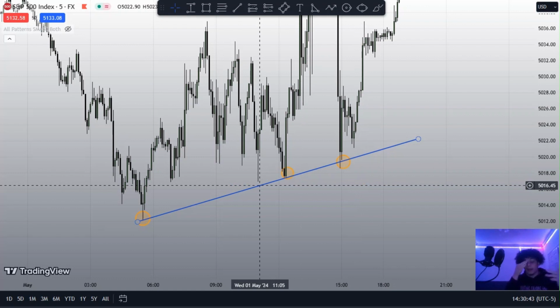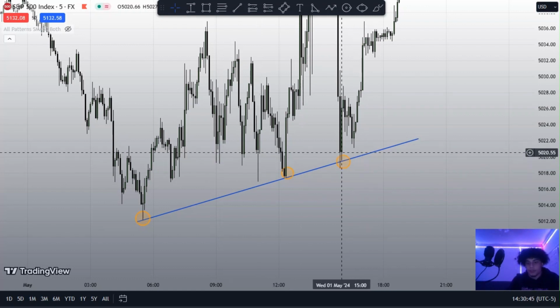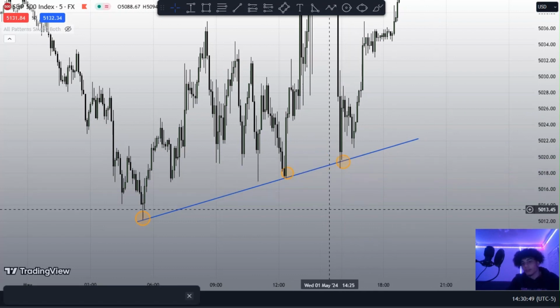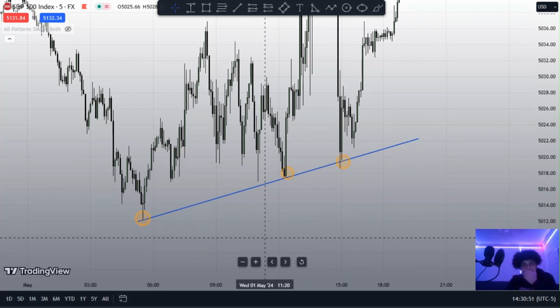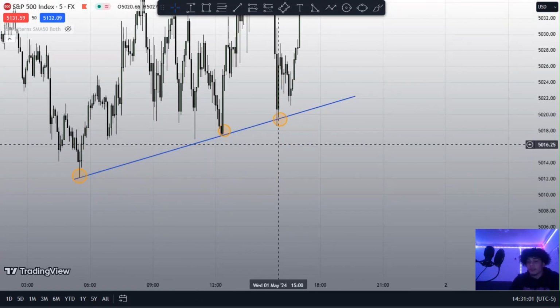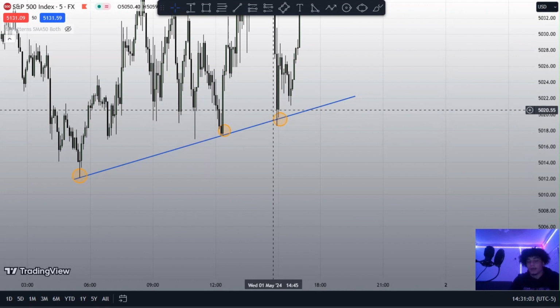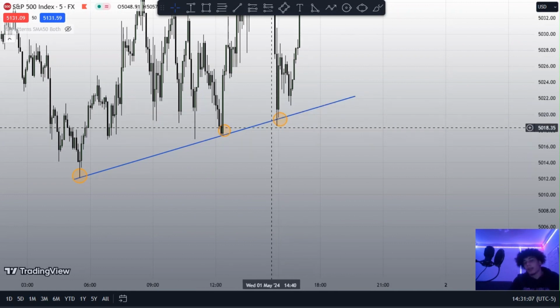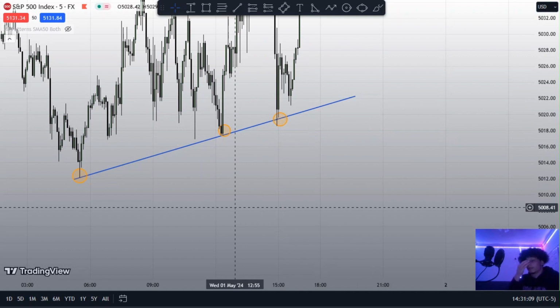And obviously if it does push down like this and doesn't reject and then branches off to a new candle, then it's fried. So yeah, slight wick past it, not an issue as long as price got pushed back above it and it opened a new candle above instead of opening a new candle below, essentially.